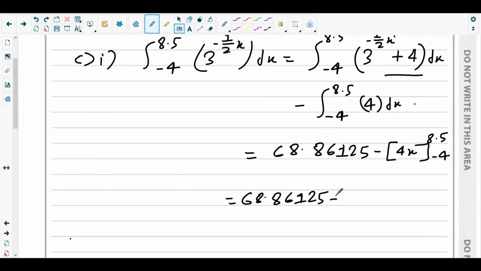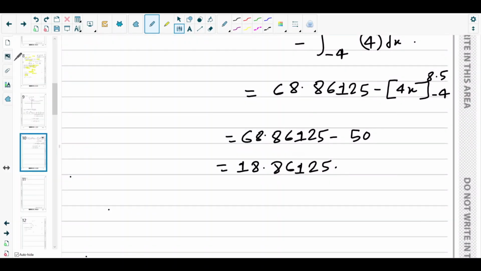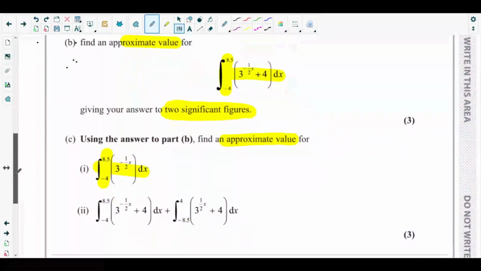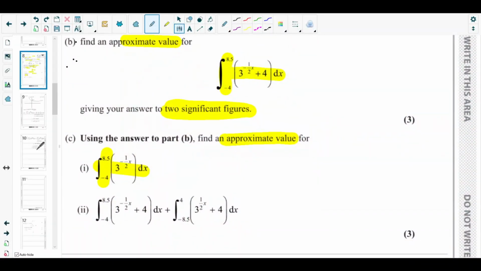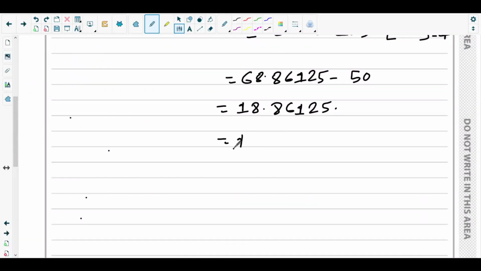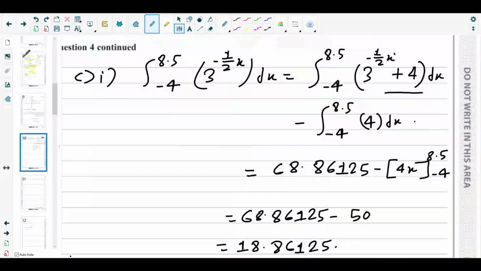So this is exactly 50. That gives you 18.86125. How many decimal values did they want in the answer? It's just an approximate value, so you can give it to 3 significant figures since this is the standard. So 18.9. That's the answer for part C1.